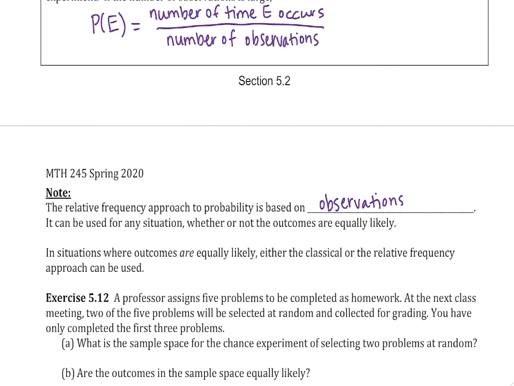And there's plenty of situations where the different outcomes are not equally likely. So we will end up using the relative frequency approach when we're looking at real data sets. If you have outcomes that are equally likely, then you can use either approach to probability.